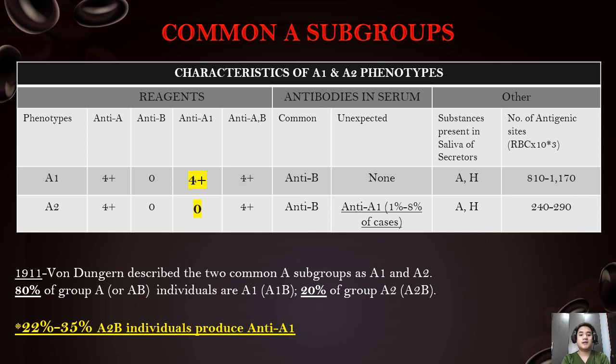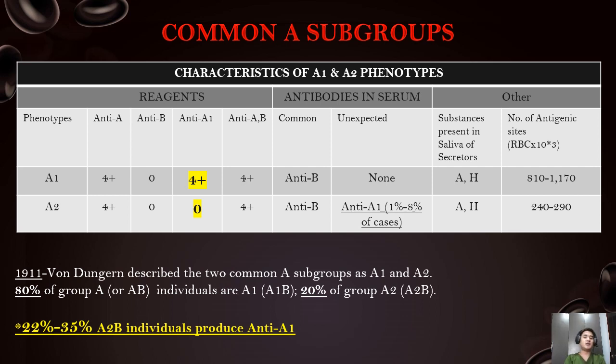So, in other descriptive terms, it has created a high concentration of A1 antigenic specificity, which also makes it more reactive with the anti-A1 lectin. And the agglutination on both anti-A reagent and anti-A1 lectin determines your A1 subgroup, while agglutination only on your anti-A reagent determines your A2 subgroup.